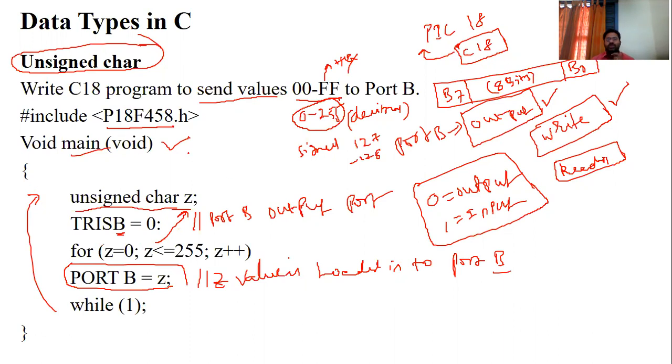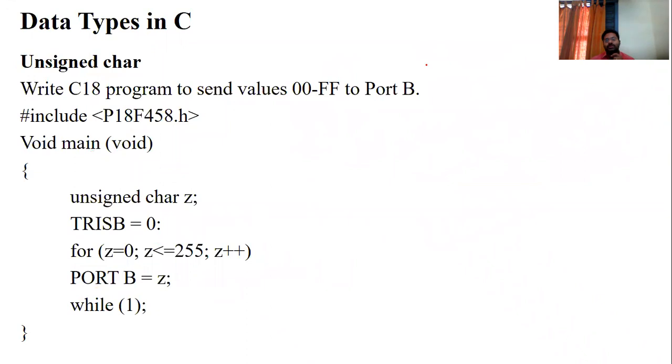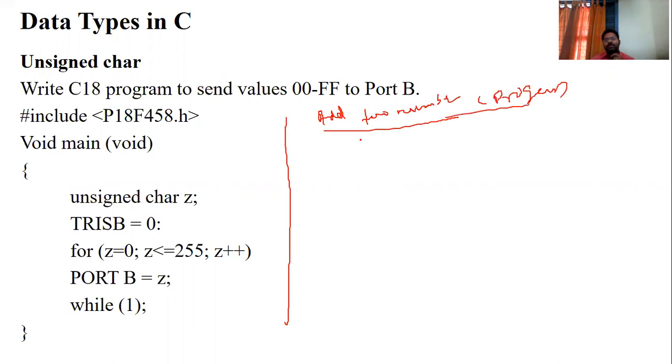A very simple program. You know how to write a C program. For suppose, add two numbers. Simply add two numbers in a C program. I'm using a C program, not for PIC. How to write: include stdio.h, then the main program here.